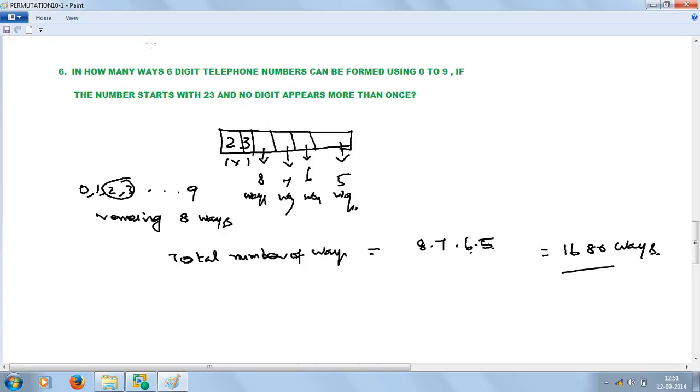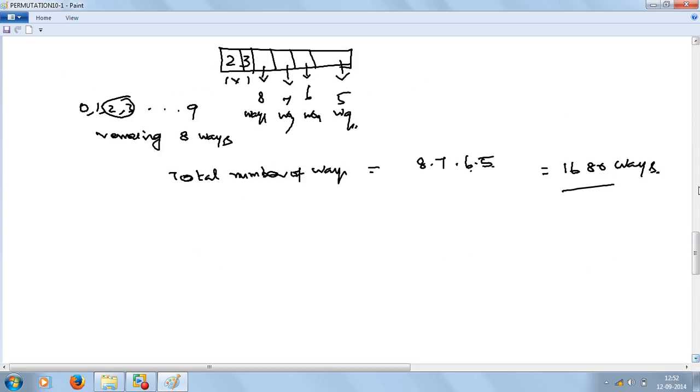So we just see the problem, try to imagine, figure out what exactly it means. So we dissect the problem and try to understand. Now, in this permutation, different ways, we have to think in very clear terms what exactly the problem says.